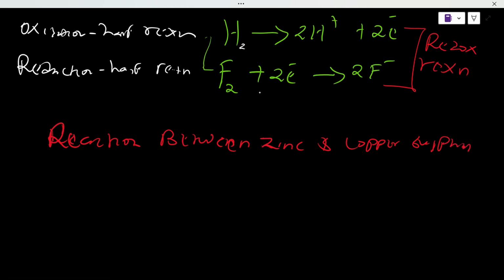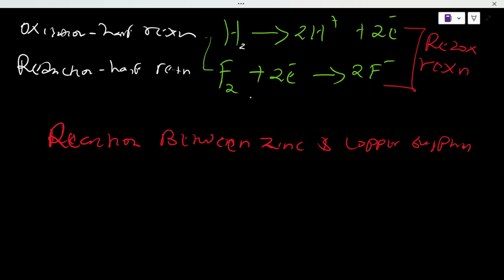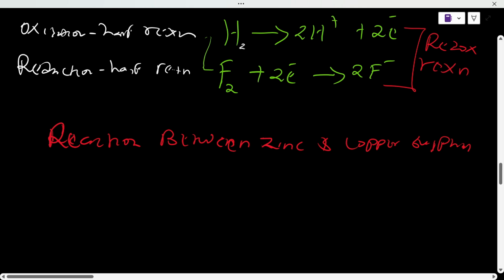When I have that, I can write it as zinc solid reacting with copper sulfate. Now, what am I supposed to be having?